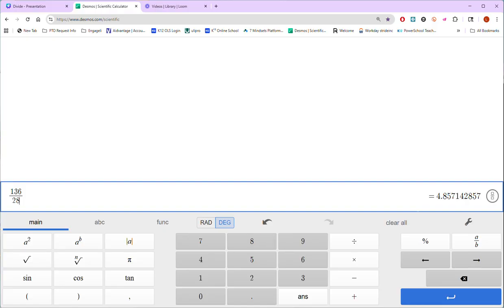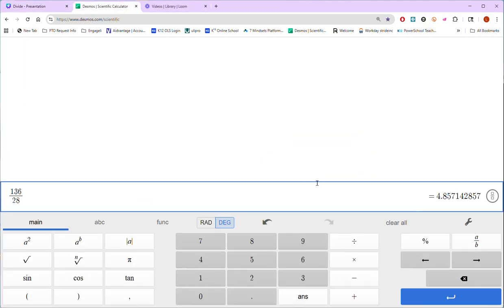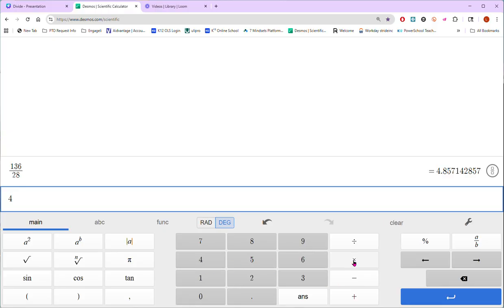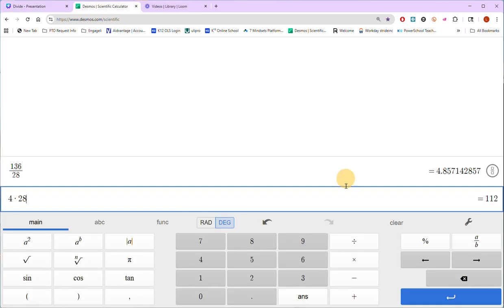And I get 5. Five times 28 gives me 140. I subtract 140 minus 140, and I get 0.